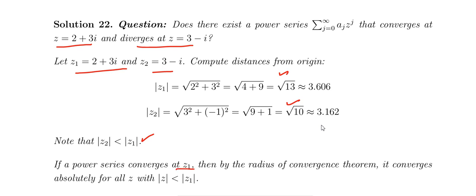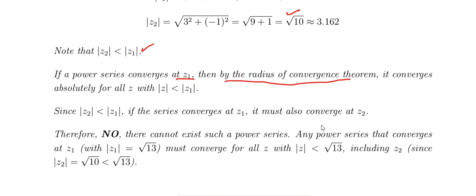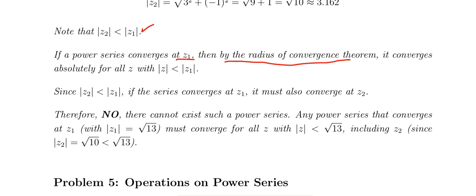So if the power series converges at z1, then by the radius of convergence theorem it converges absolutely for all z with mod z less than that, right? So since mod z2 is less than mod z1, the series converges at z1, it must also converge at z2. Therefore there cannot exist such a power series. The power series that converges at z1 must converge for all z with mod z less than that.